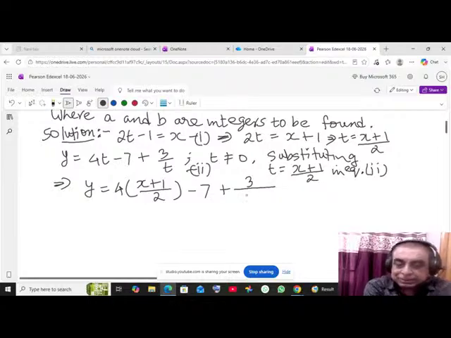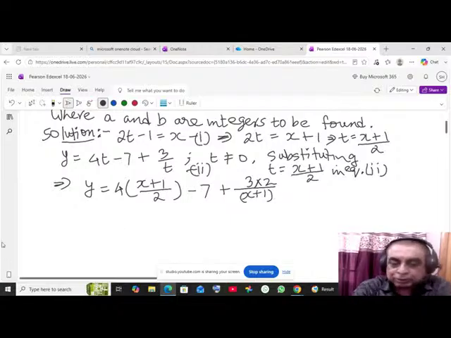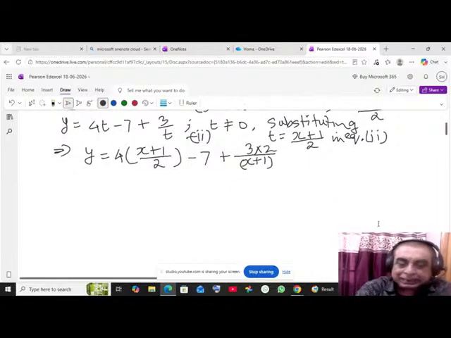So in the denominator, 3 upon t will become x plus 1 in the denominator. I am dividing with t, and this denominator of t will move to the top, multiplied with the numerator. So now you simplify, and that will be the required Cartesian equation.